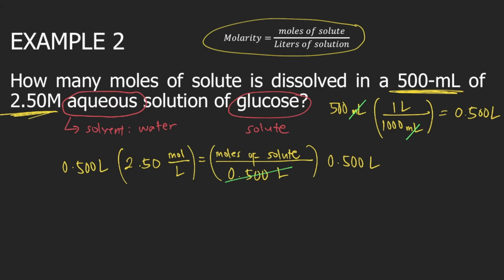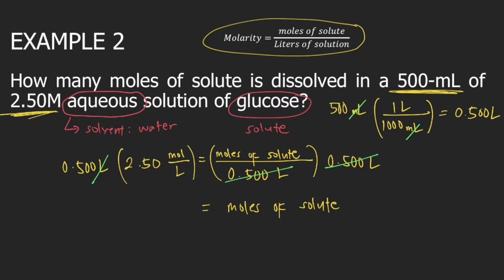So 0.500 liters will cancel on the right side, and what remains on the right side is moles of solute. And on the left side, you have 0.500 liters times 2.50 moles per liter.